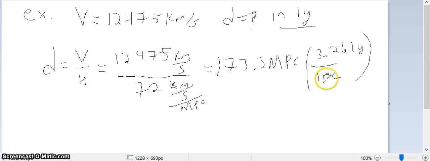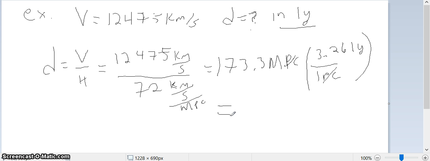Notice the parsecs cancel, and we keep the mega. So all we're doing is multiplying 173.3 mega times 3.26 light years. And the answer will come out to be mega light years, so millions of light years.